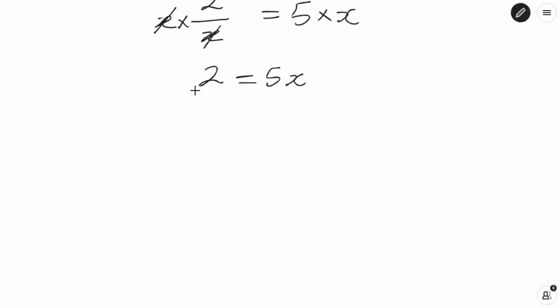And to find x, we can divide both sides by 5. And that'll give us x is equal to 5 over 2. And there we have our value of x.